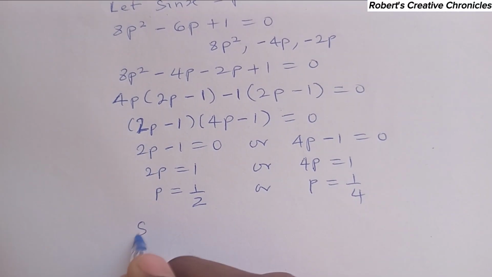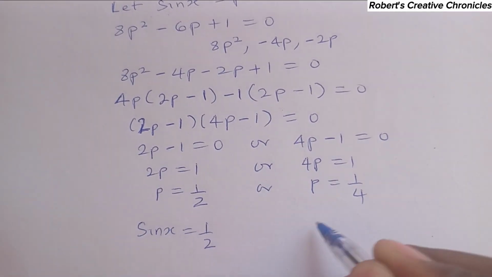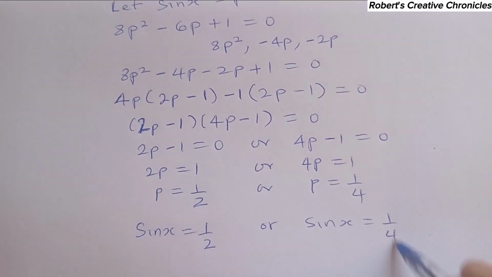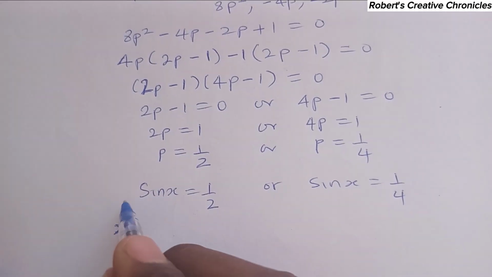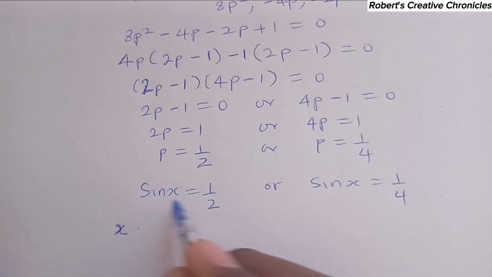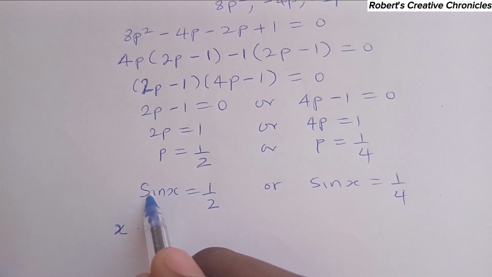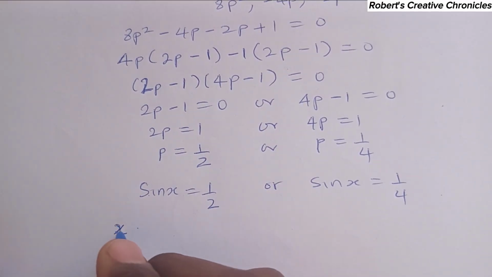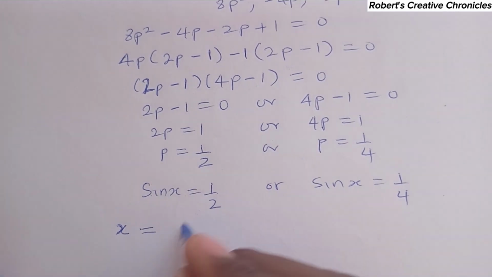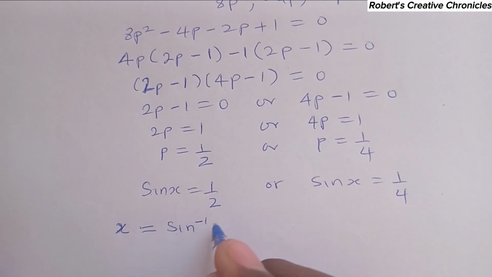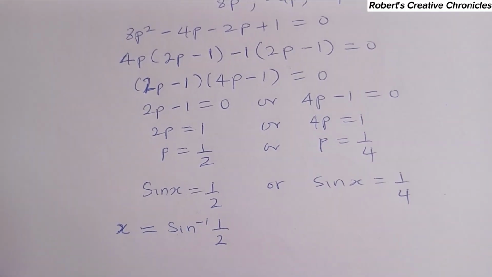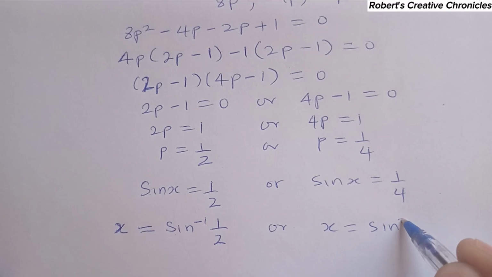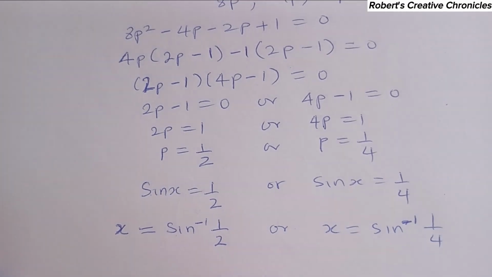So now sin x is equal to 1 over 2, or sin x is equal to 1 over 4. Now we will multiply the inverse of sine by both sides. Inverse of sine times sine will give us 1, so it remains 1 times x, which is x. So here will be sine inverse of 1 over 2, or here, same thing, sine inverse of 1 over 4.